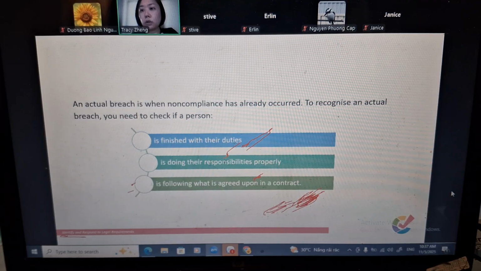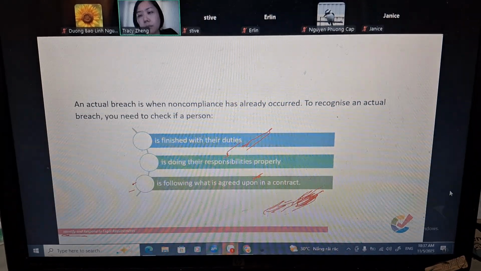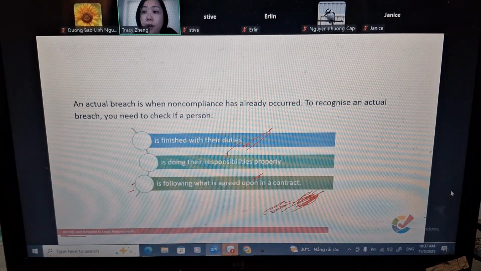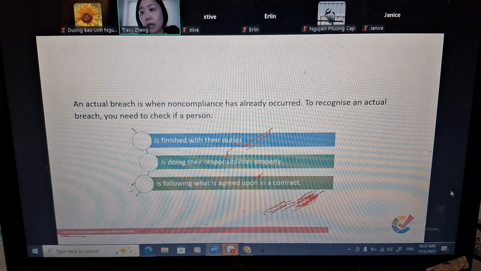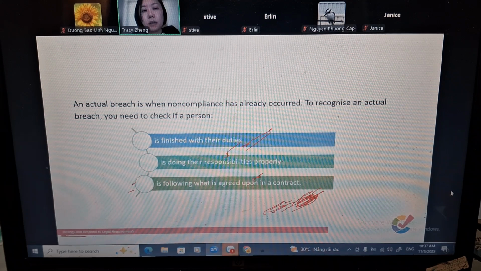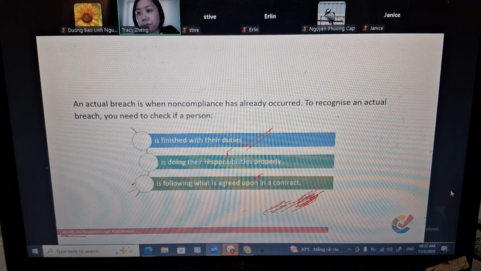Are they following the contract and doing all the required tasks or responsibilities? If they failed to finish their duty, or they are putting your clients at risk, or they are not following the contract, then that is an actual breach.